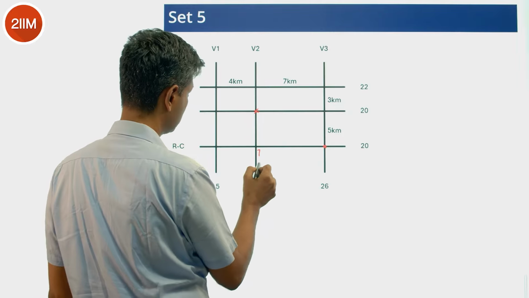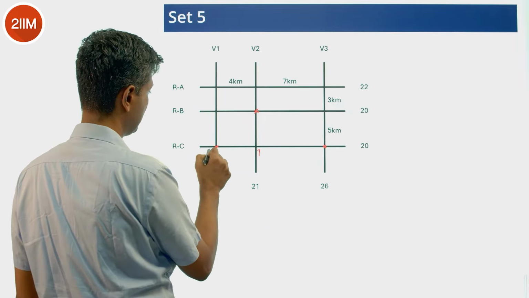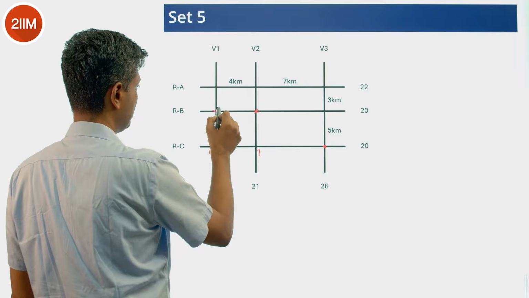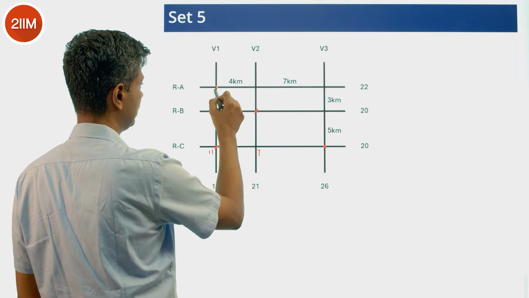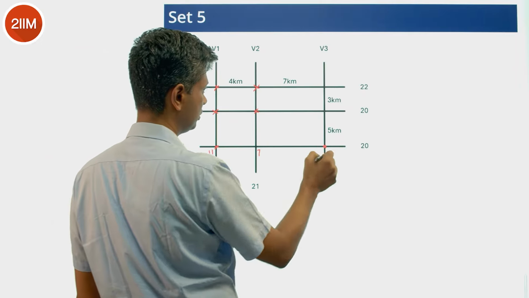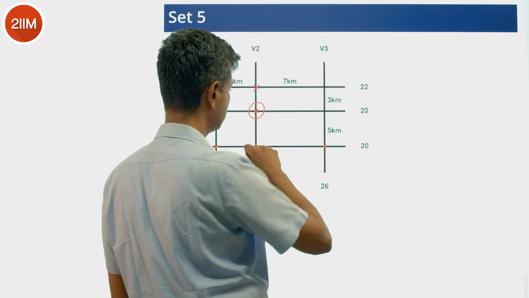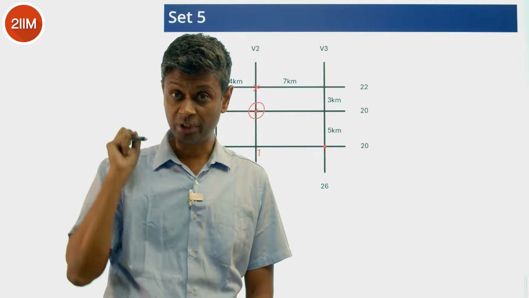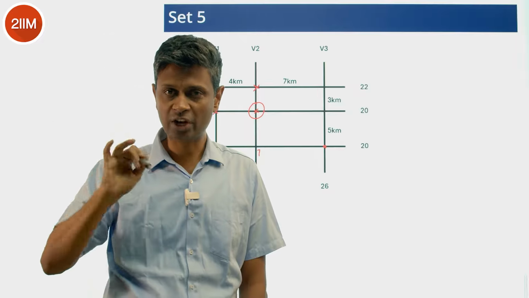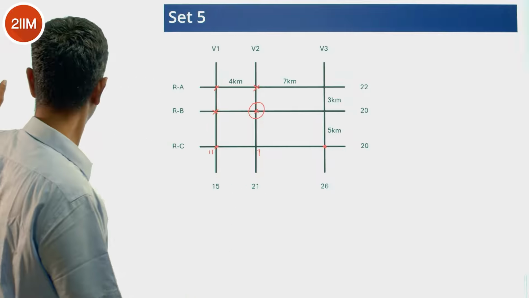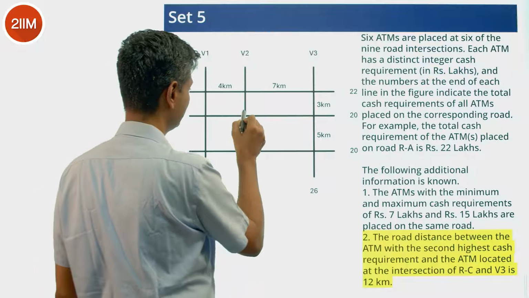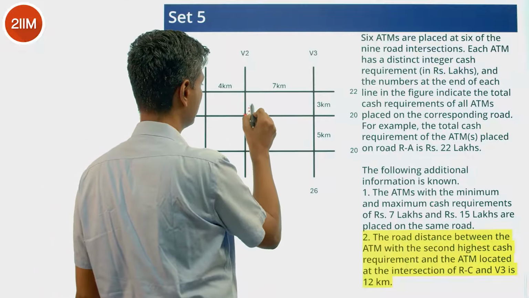This is just 7. To here would be 11. 11 plus 3 is 16. This is higher, this is higher. This is 5, this is 8. Only this one is 12. The one bang in between has an ATM in it. It is the second highest cash requirement. Nice. So this one, second highest.